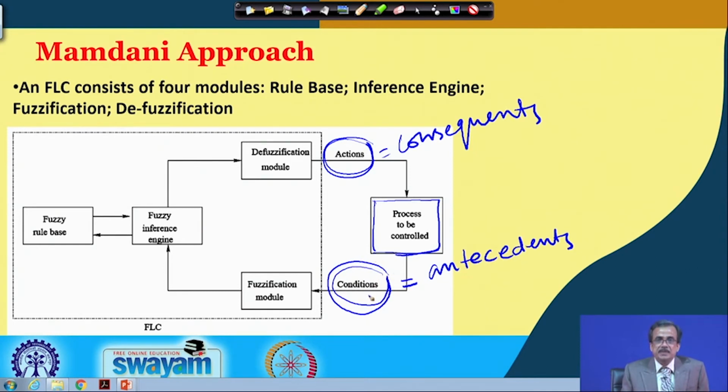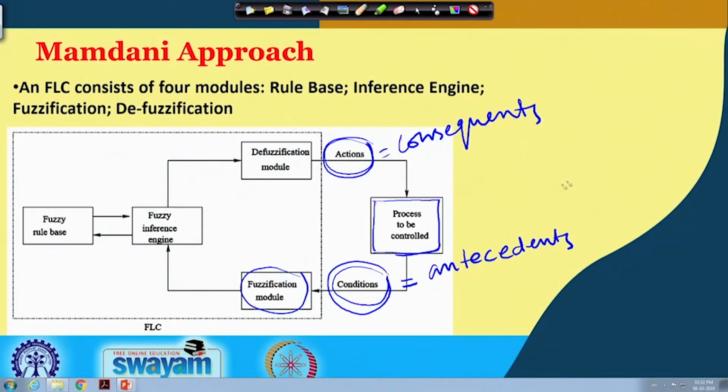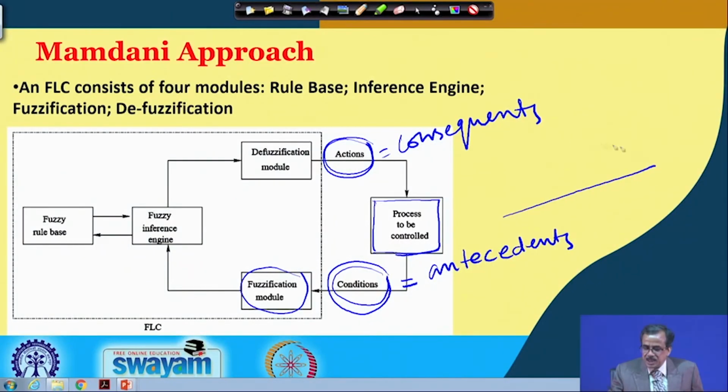Once we have identified these antecedents, that is the condition variables, we go for the fuzzification module. By fuzzification module, we mean that corresponding to a set of inputs, we try to find out what the membership function value should be. Let me take a very simple example of the same temperature.